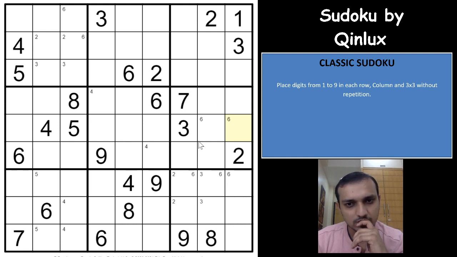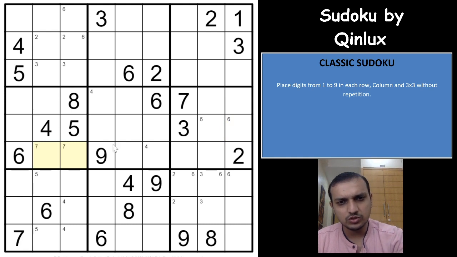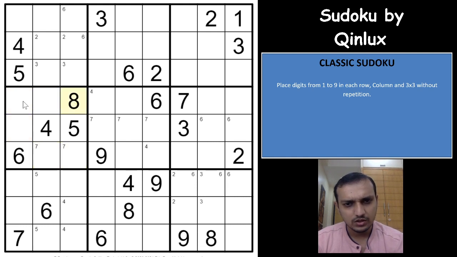Nothing here. 7 in one of these two cells, that gives you 7 in one of these three cells, right? 7 cannot be. Okay. 8, let's see the 8 in one of these two cells.